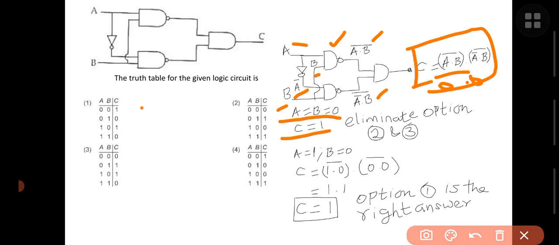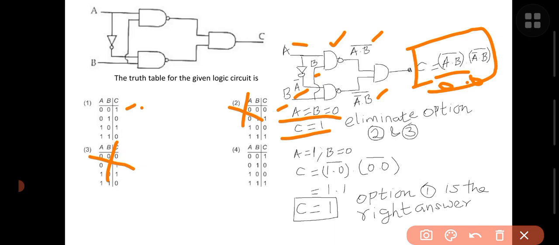Now if you look at options 2 and 3, when A is 0 and B is 0, output C is also 0. So we can eliminate options 2 and 3, because when both inputs are 0, we should get output C equal to 1.